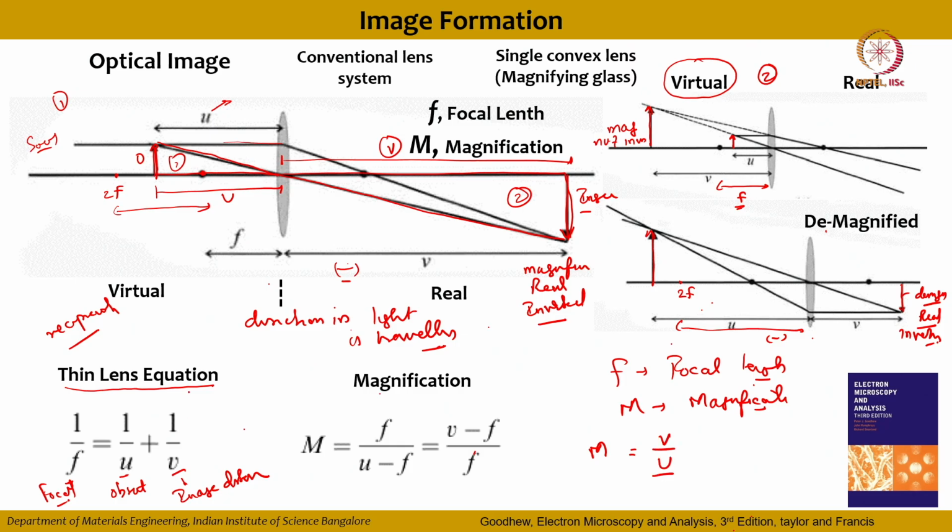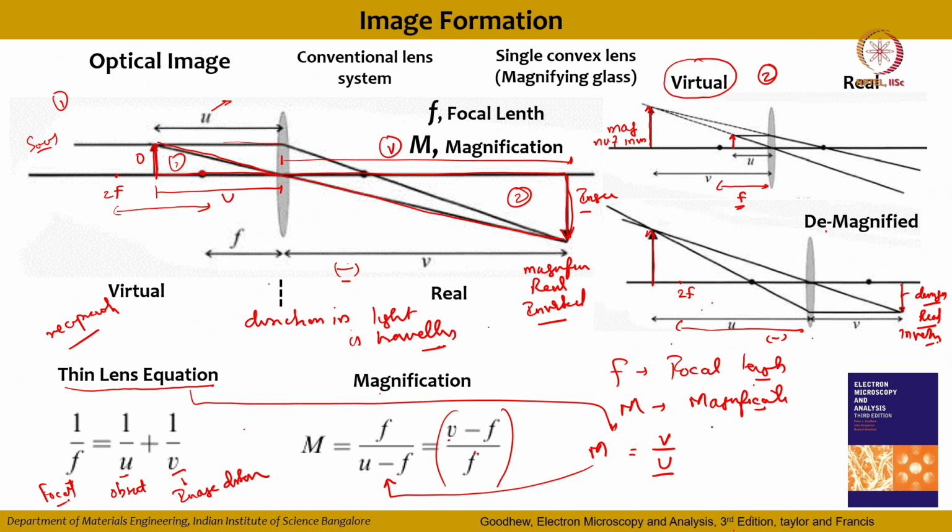And by using this thin lens equation, you can actually get the magnification as F divided by U minus F, or V minus F divided by F. So if you measure the image distance and if you know the focal point of your lens, then you can calculate the magnification easily.